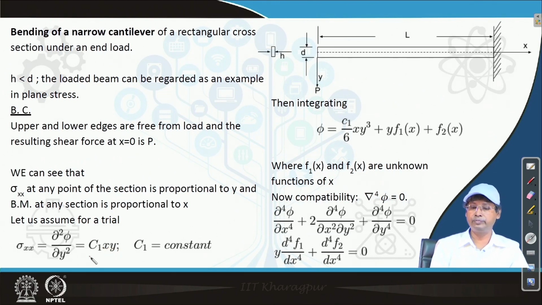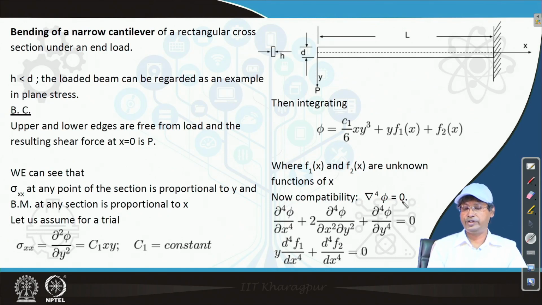If we integrate that, we get the same term as there, and we also have two functions, f1(x) multiplied by y and f2(x) without any multiplication, as two functions of x, because we are integrating the partial differential equation with respect to y.